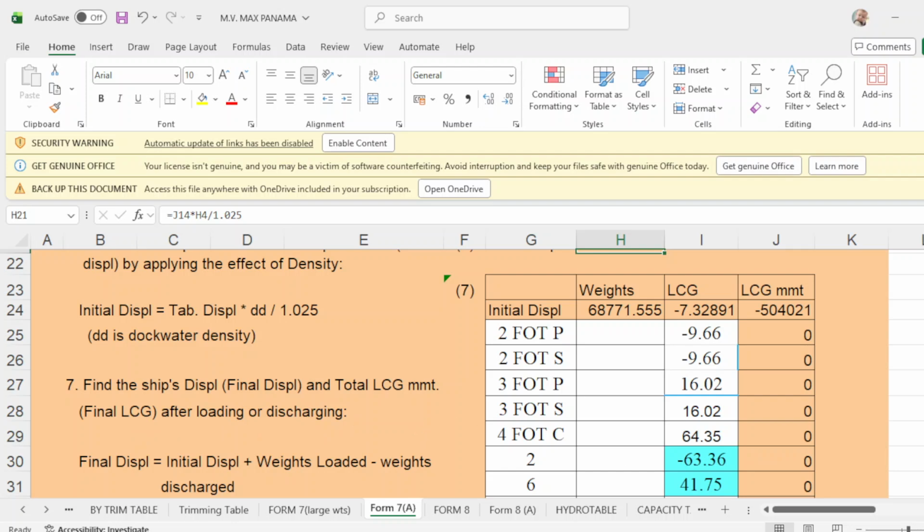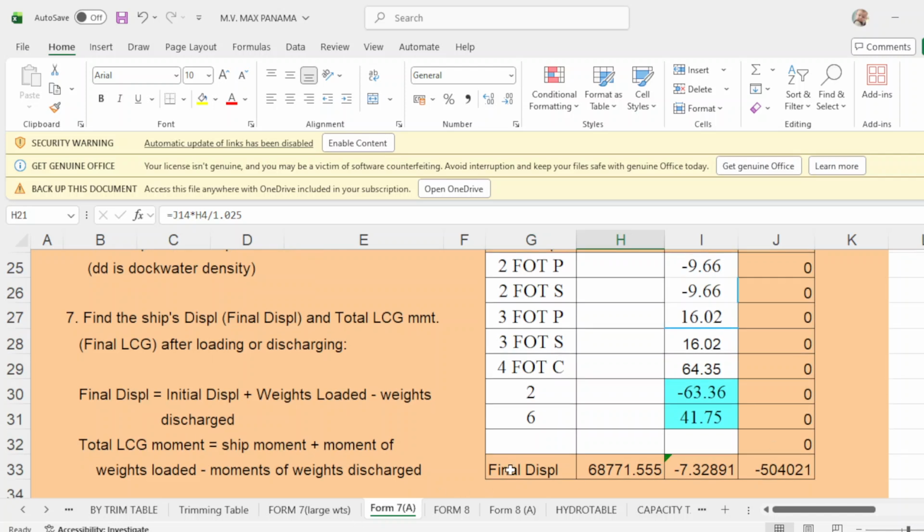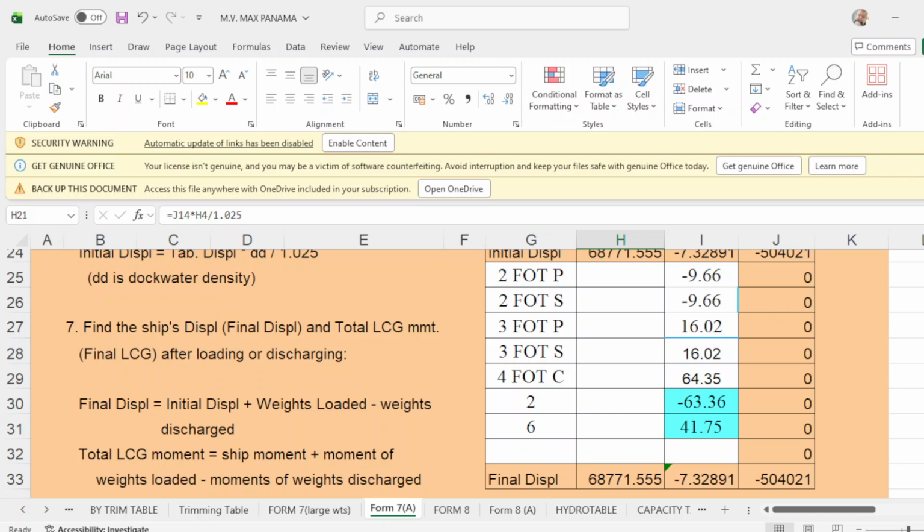So to find the final displacement, it is initial displacement plus weights loaded, minus weights discharged. Then total moment is ship moment plus moment of weights loaded minus moments of weights discharged.